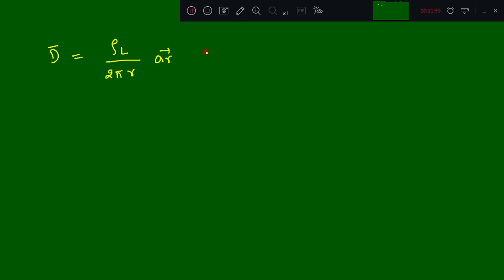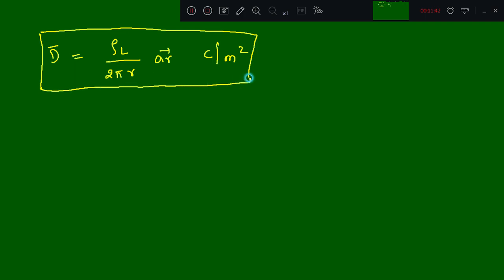This is in coulombs per meter square. So I will end up with this equation. This is due to the infinite line charge.